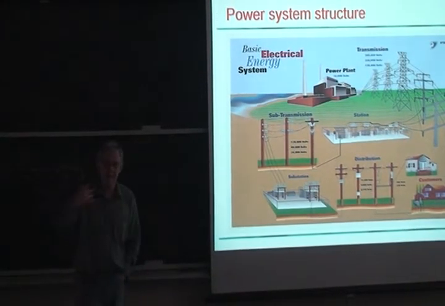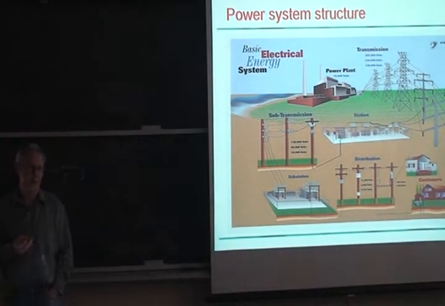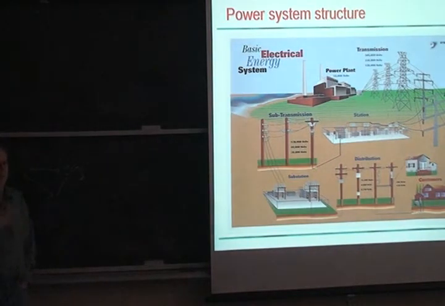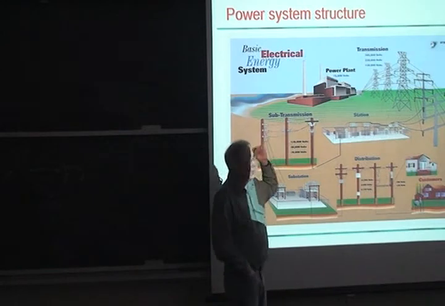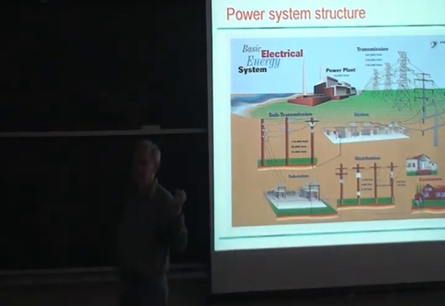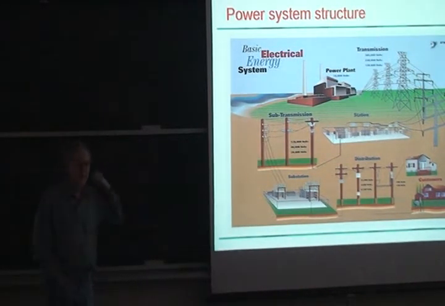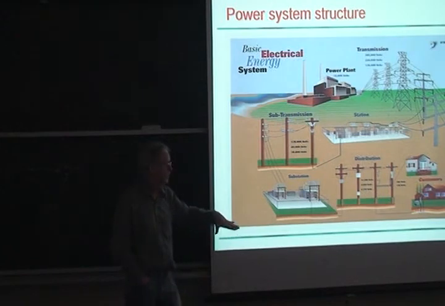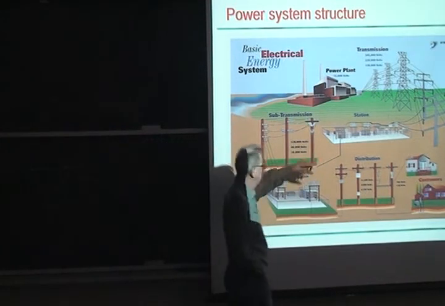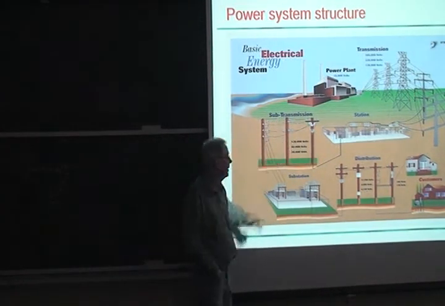It's high voltage because the higher the voltage, the smaller the current. The smaller the current, the smaller the losses in the network. High voltage is sort of like the freeway system of electricity, and you can't deliver high voltage to individual users, so there needs to be a process of reducing that voltage down through a substation to a sub-transmission level.